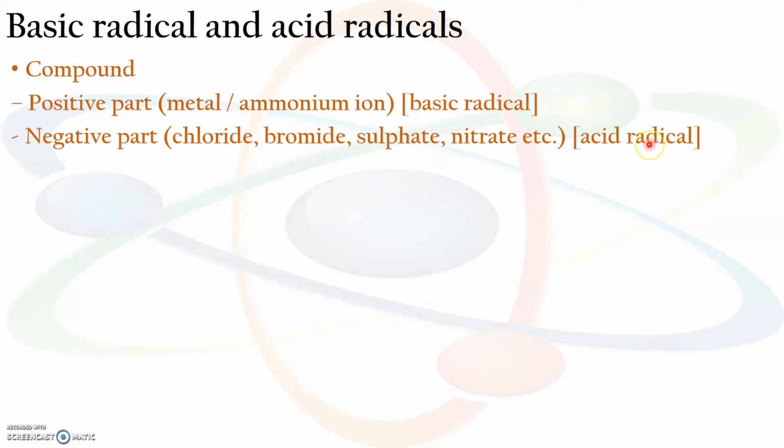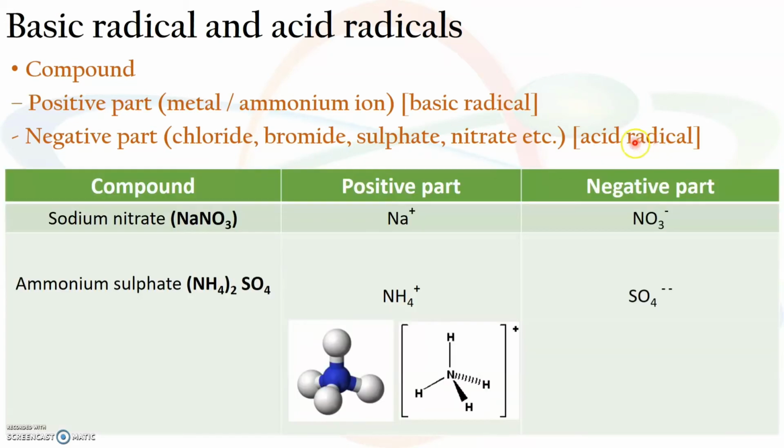Now let's understand this with a few examples. Now look into this compound here. This is sodium nitrate. It has got the chemical formula NaNO3. Now we are going to learn about the chemical formulas of compounds in our coming classes. So now you only need to know that the chemical formula of this compound sodium nitrate is NaNO3.